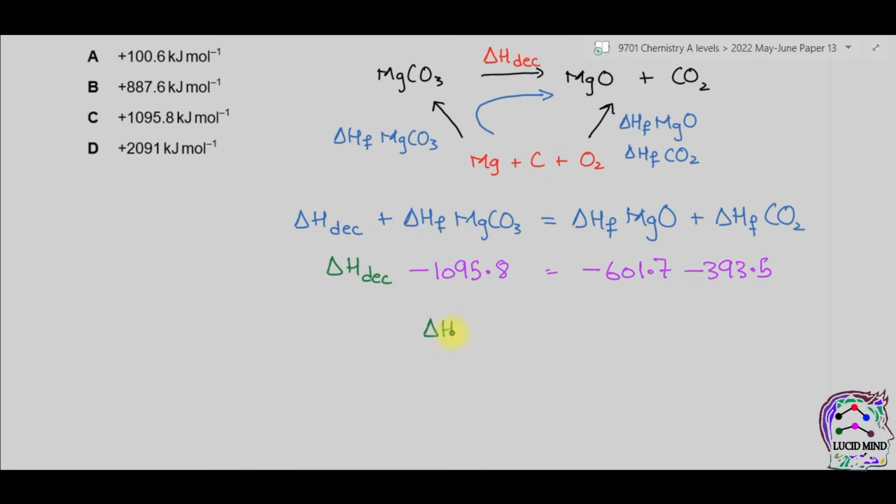So delta H decomposition will be equal to minus 601.7 minus 393.5 plus 1095.8. So it comes equal to 100.6 and it is positive. So in the given answers, the correct answer should be A.